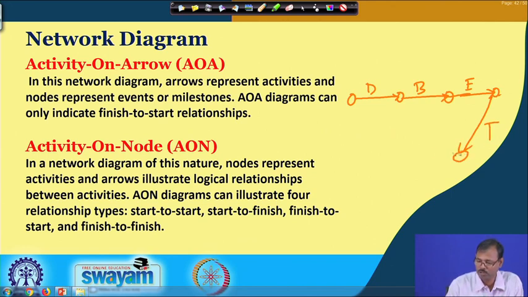Okay. So, this is the starting point, this is the ending point, and these are the nodes 1, 2, 3. So, starting points.